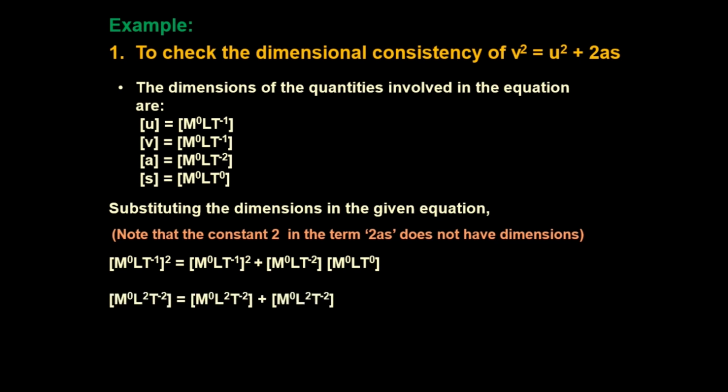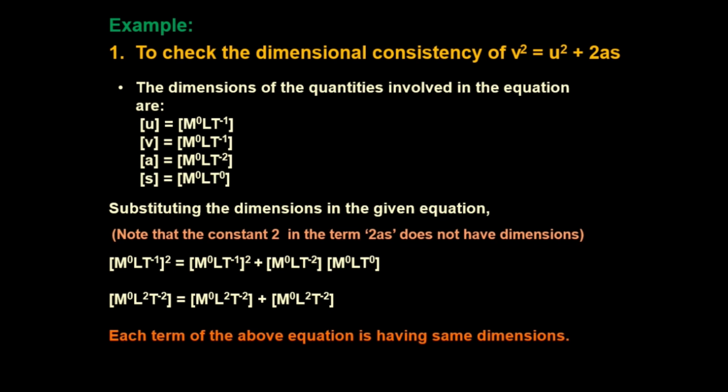So finally, the left hand side is M^0 L^2 T^-2. The right hand side also is M^0 L^2 T^-2 plus M^0 L^2 T^-2. That means the left hand side dimensional formula and right hand side dimensional formula are both the same, which represents the square of the velocity.